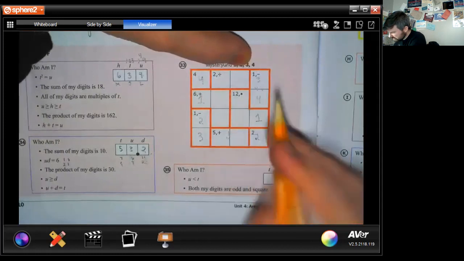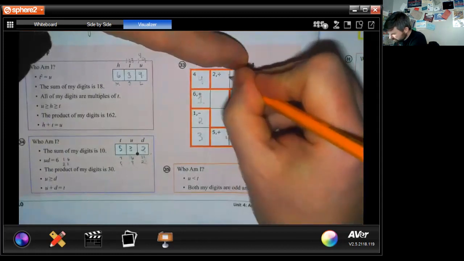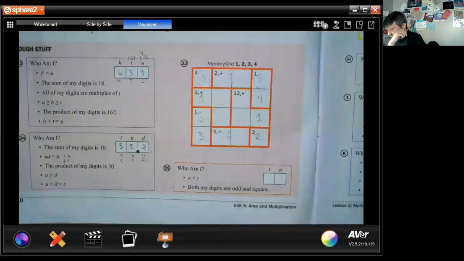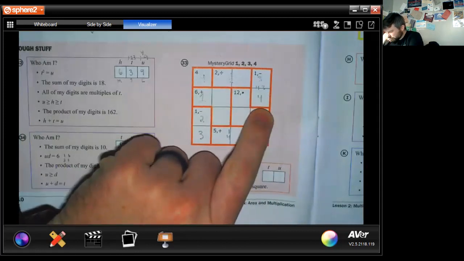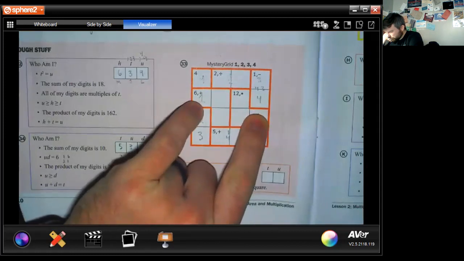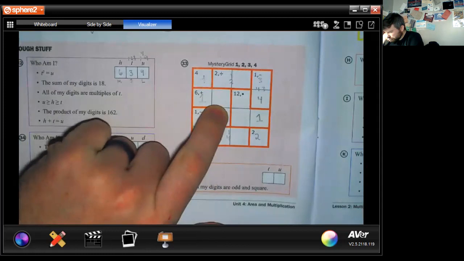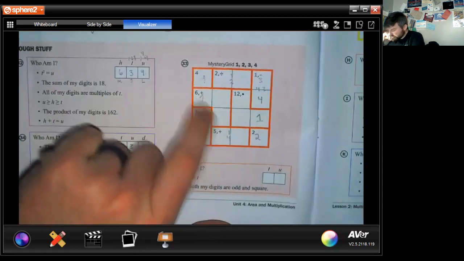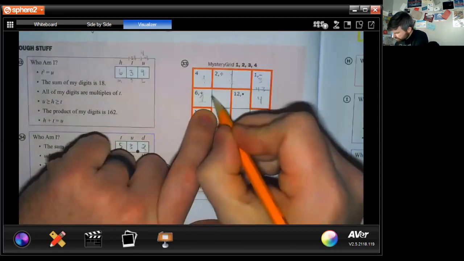Okay, so this needs to be a 1 and a 2. A 1 and a 2 here. Okay, 6 with addition. I already got 4. So 2, 3, 1, maybe. So 2, 3, and 1.